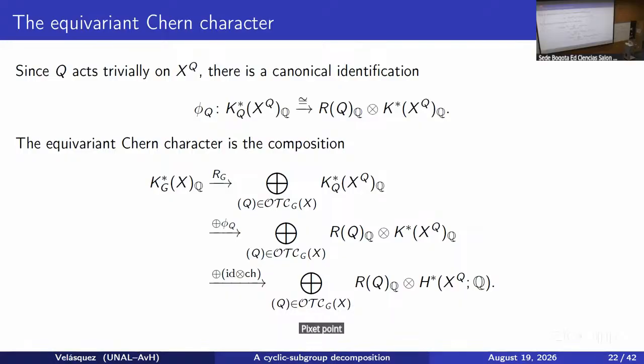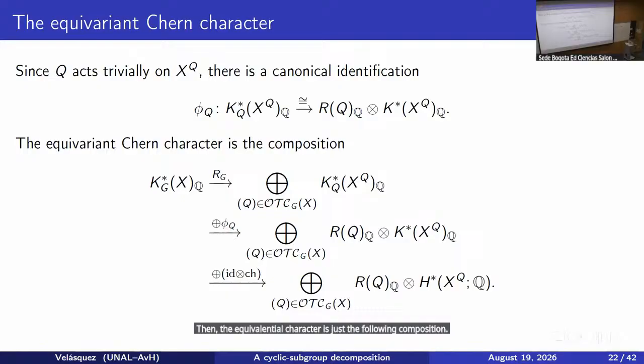But note that here we don't have a group action. It is a non-equivariant K-theory group. Then we can apply the classical Chern character in this part.